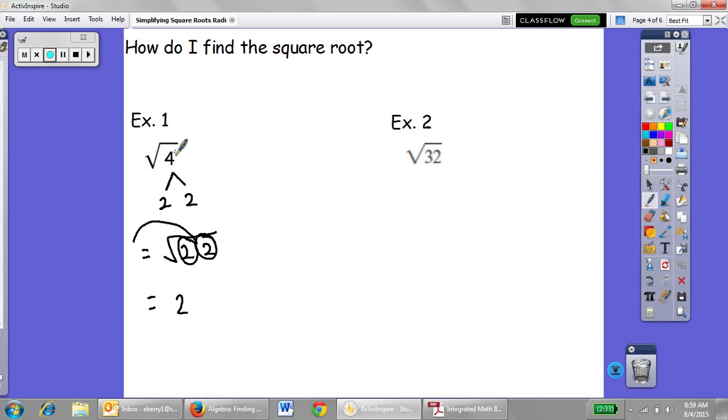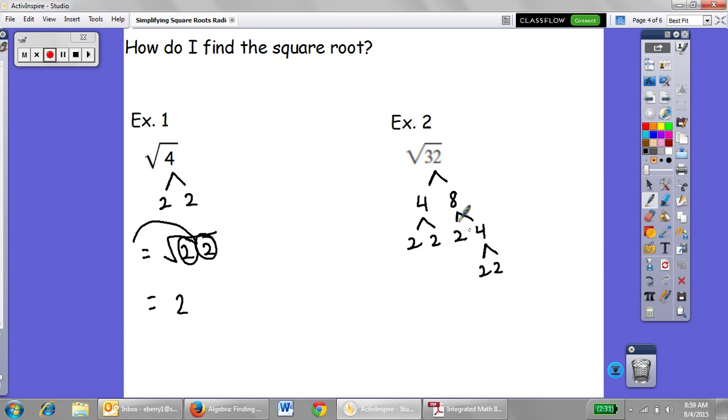Now let's do the same thing with the square root of 32. Break it down into its factors. So we can put 4 times 8 here. And we must break it down all the way. 4 times 2. 8 is 2 times 4. And 4 is 2 times 2.